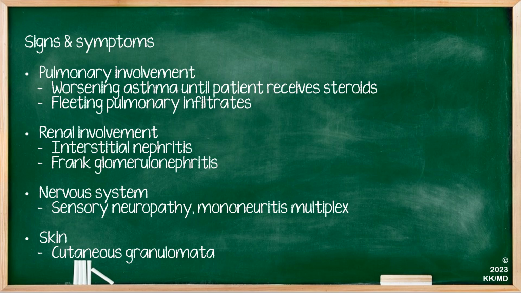Now, the main symptoms in this particular disease is that you see adults with worsening asthma, which settles with high-dose steroids, and they can have fleeting pulmonary infiltrates. Kidneys are often involved, which can be anything from an interstitial nephritis to a frank glomerulonephritis. The nervous system can also be involved, so you may see a peripheral sensory neuropathy or a mononeuritis multiplex pattern. And finally, the skin can also be involved with cutaneous granulomata.